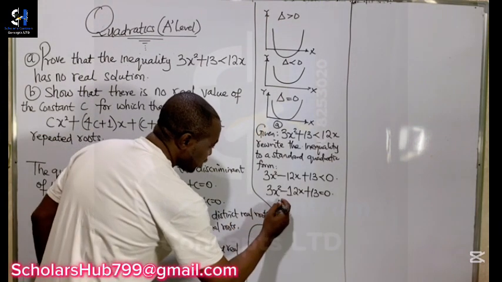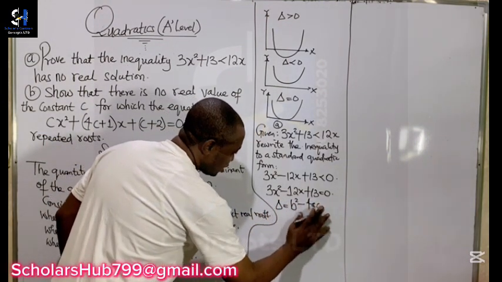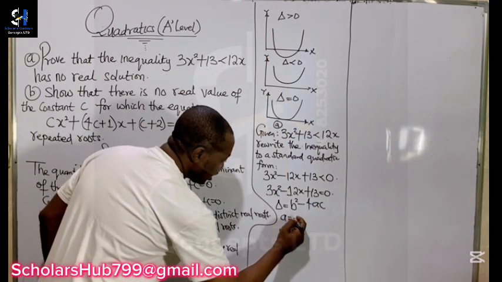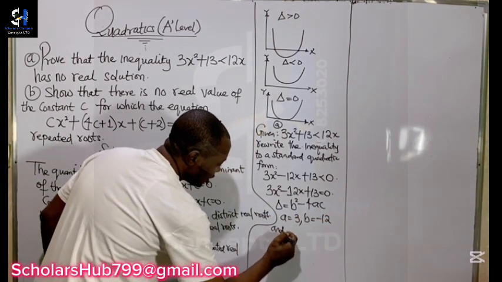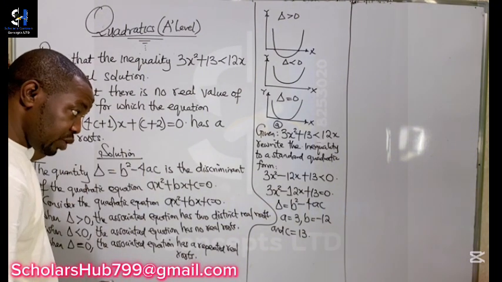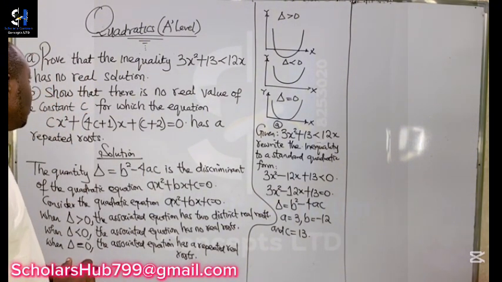So we have our discriminant to be b squared minus 4ac. From this equation, a is 3, b is minus 12, and c is 13. With this, we should be able to find out whether or not the inequality has a real solution.